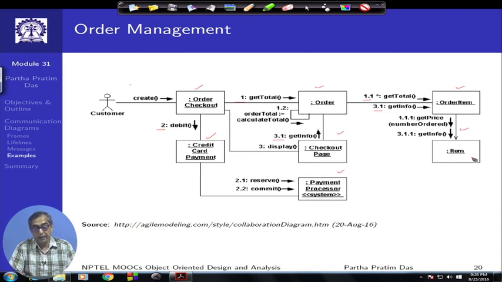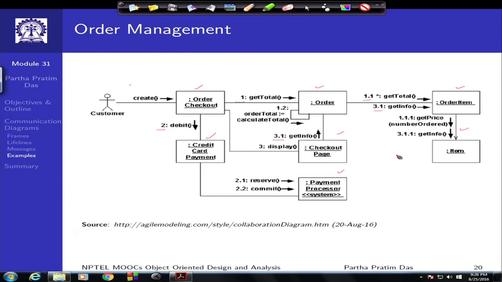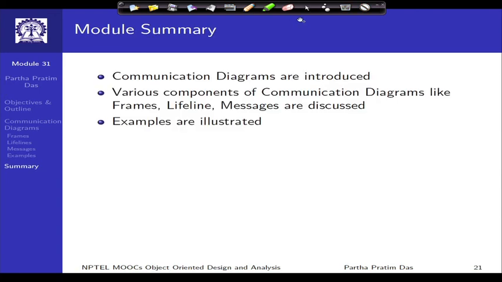The same thing drawn in a sequence diagram would look very different, because based on these numbers the messages would be ordered along the length of the lifelines, and these objects would not be placed according to their interaction, but just arbitrarily as vertical lifelines one after the other. So, this is the basic fundamental of the communication diagram.